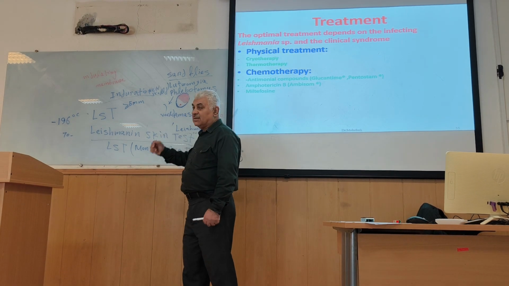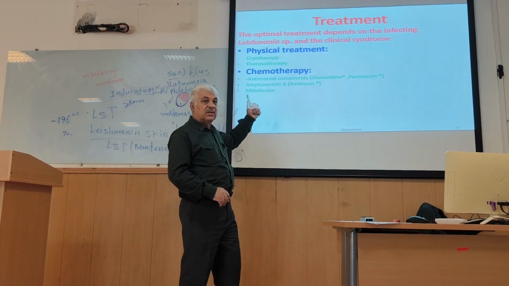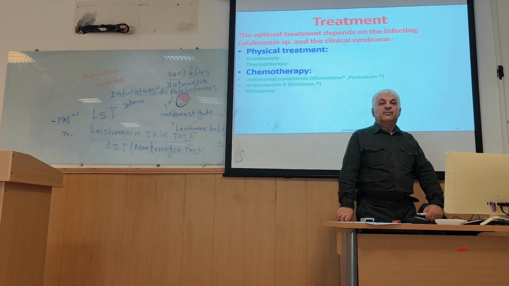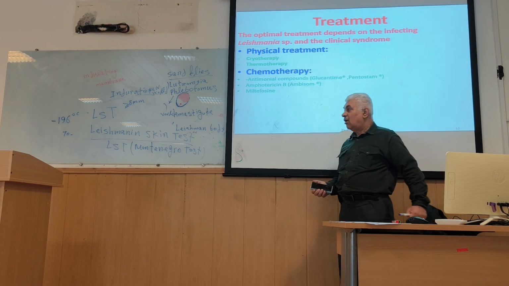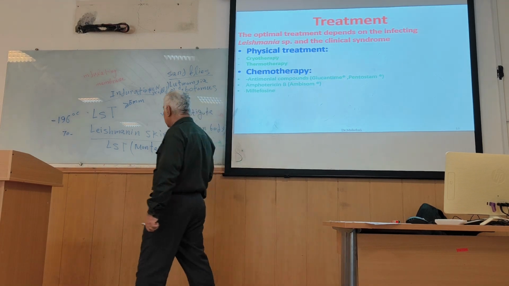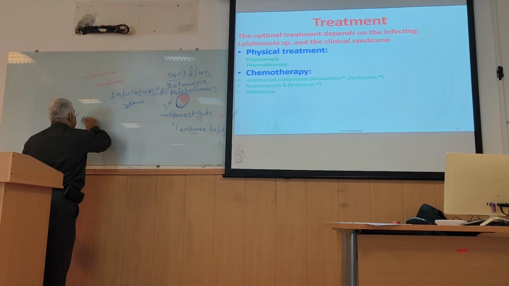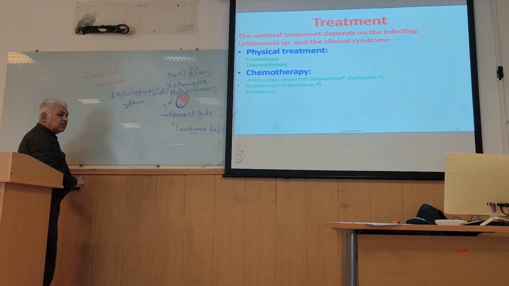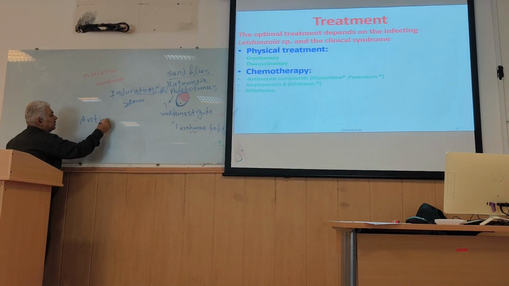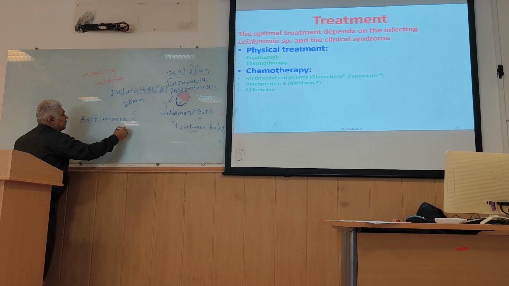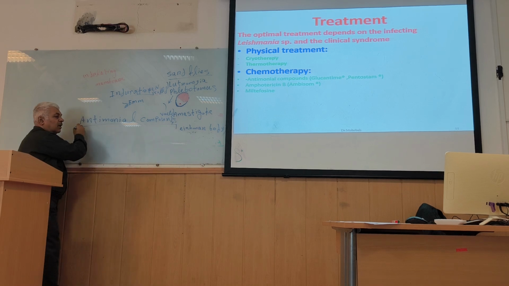The other treatment procedure is chemotherapy. The first line drug for the treatment of all clinical forms of leishmaniasis is antimonial compounds.